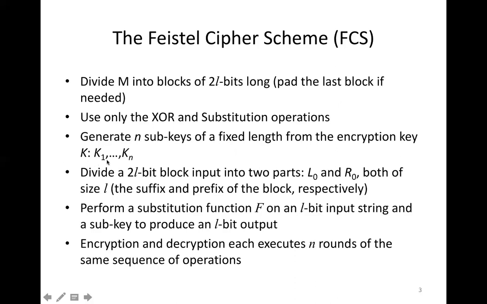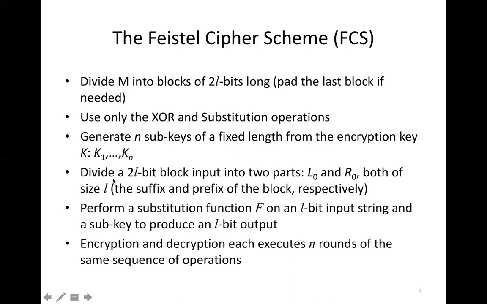We denote these round keys by k sub 1 up to k sub n. This means that there are n rounds in FCS. Depending on the implementation, this n could be 16, could be 32, or other numbers.